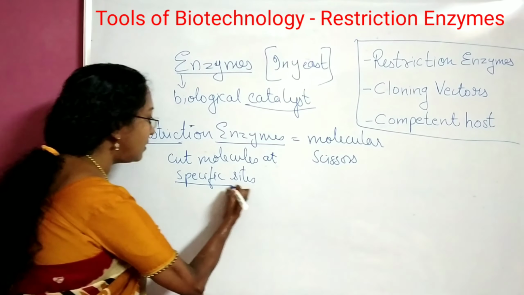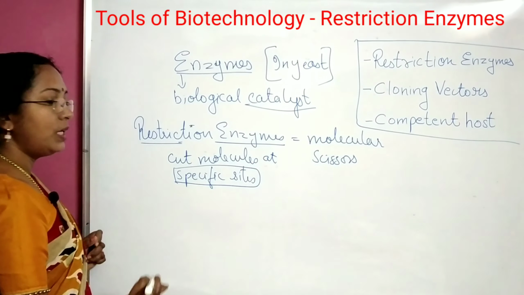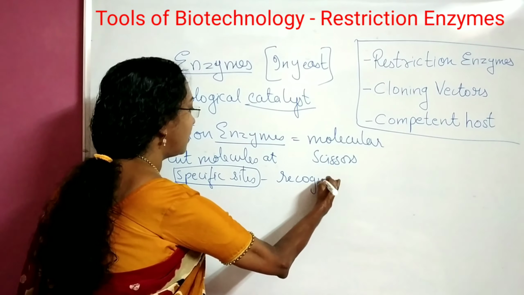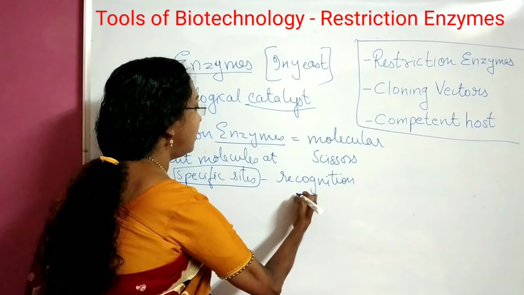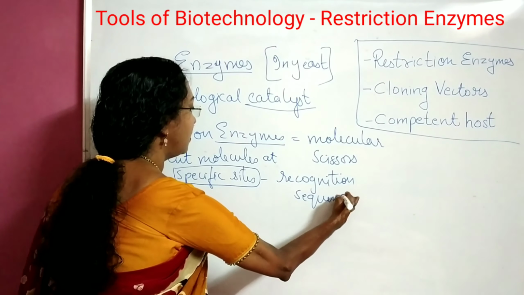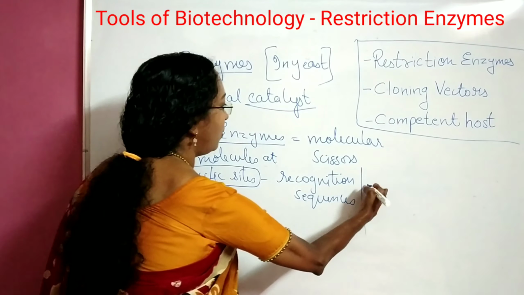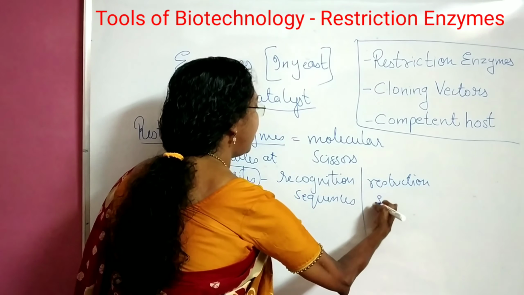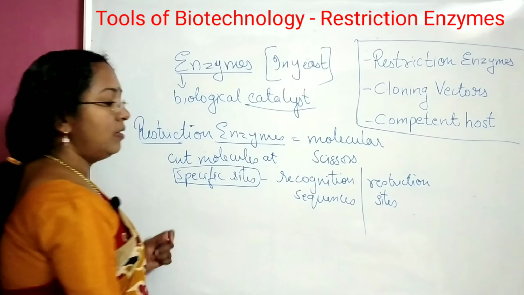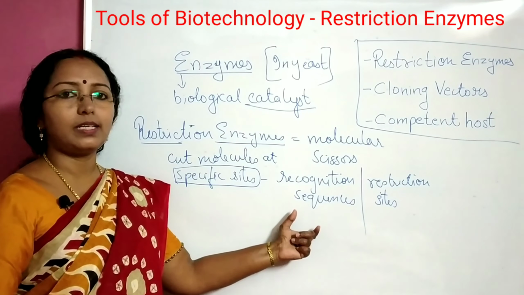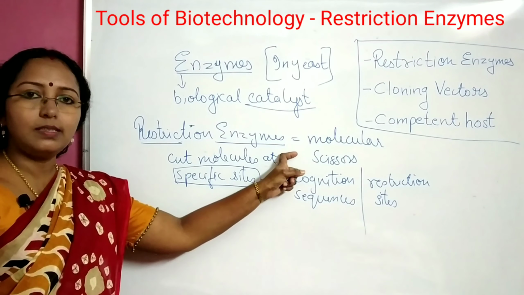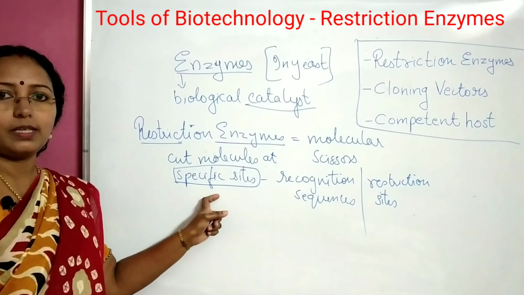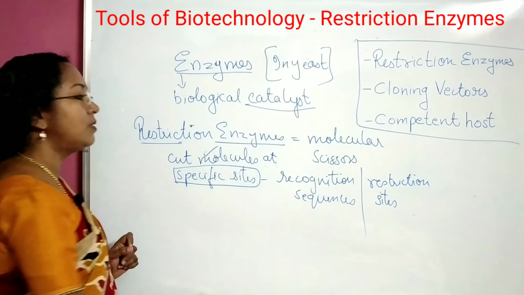And these specific sites, where they go and cut, are called recognition sequences, or they are also called restriction sites. Recognition sequences and restriction sites. So they are molecular scissors. They go and cut molecules at specific sites. Now the question is, which molecules do they go and cut?